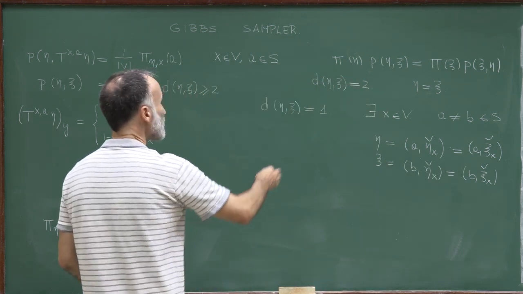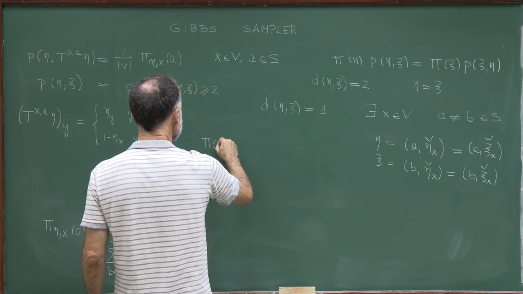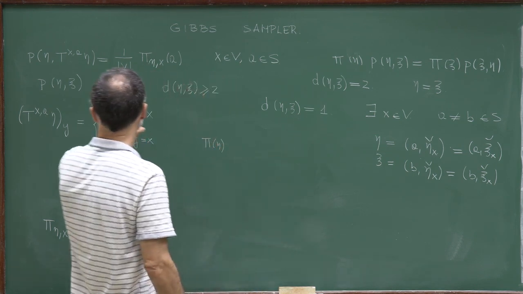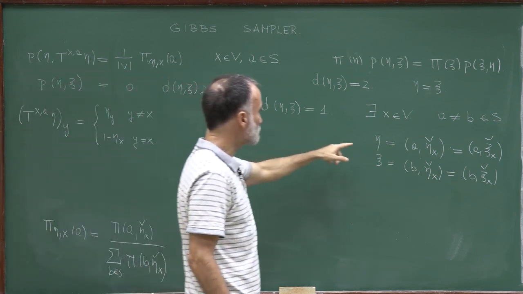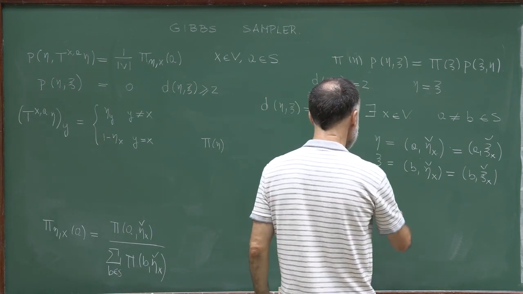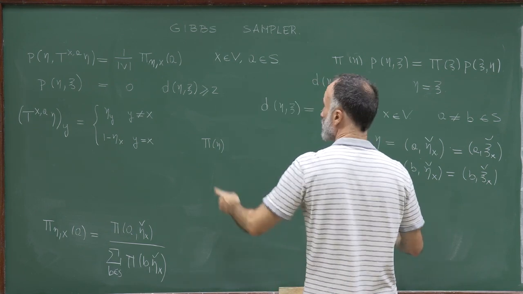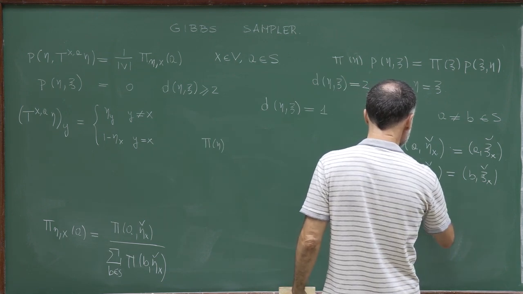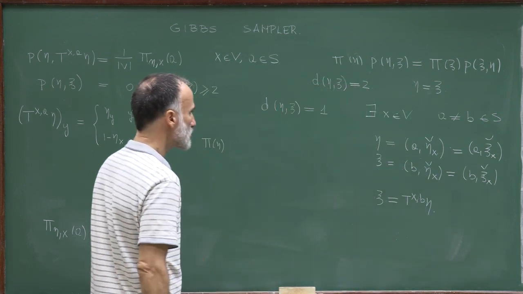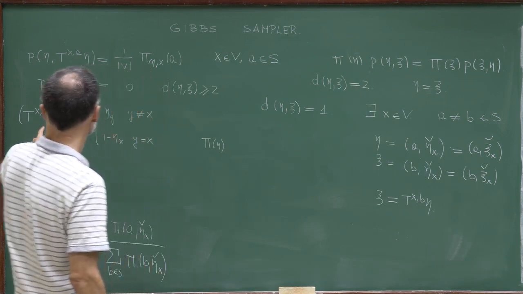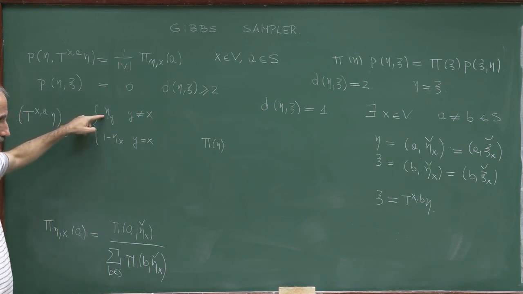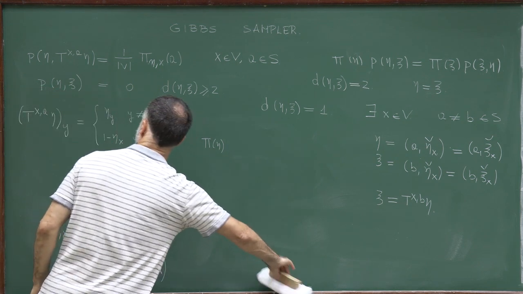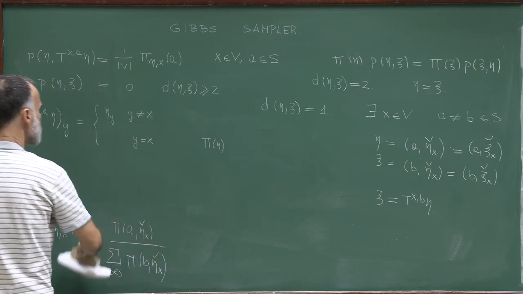So now I can write this identity. I have P of eta, then what is the probability that you jump from eta to xi? Well, eta is this configuration, xi is this one. So xi, by our previous notation, is equal to T x B of eta, right? Because xi is a configuration which coincides with eta at sites different from x, and this is not 1 minus x, this is A, right?